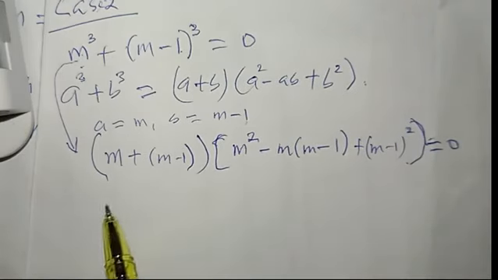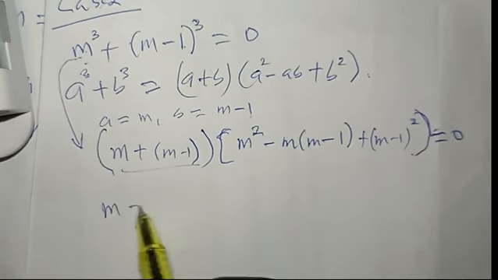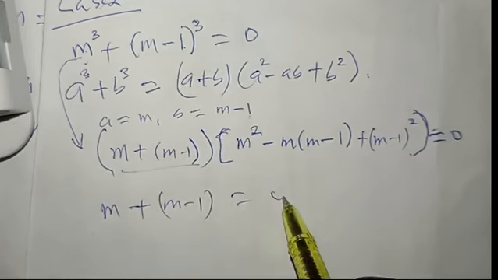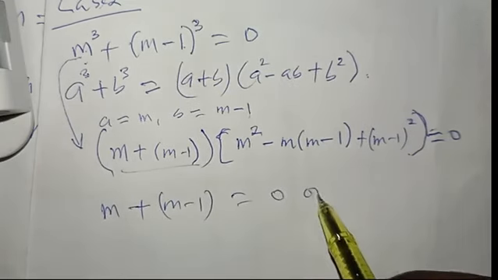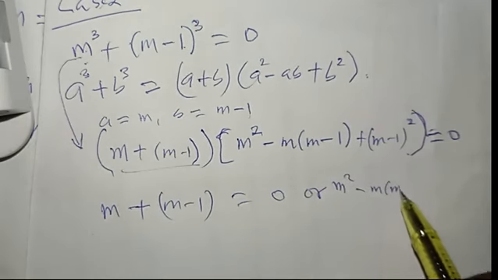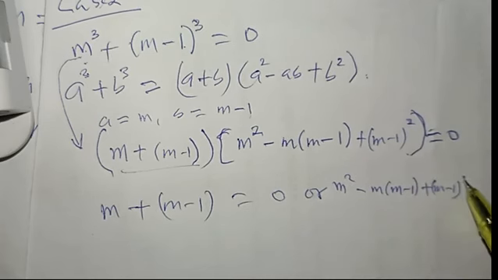Using the zero product rule, I'm going to pick this one: m plus (m minus 1) is equal to 0, or the second one, which is m squared minus m times (m minus 1) plus (m minus 1) squared is equal to 0.